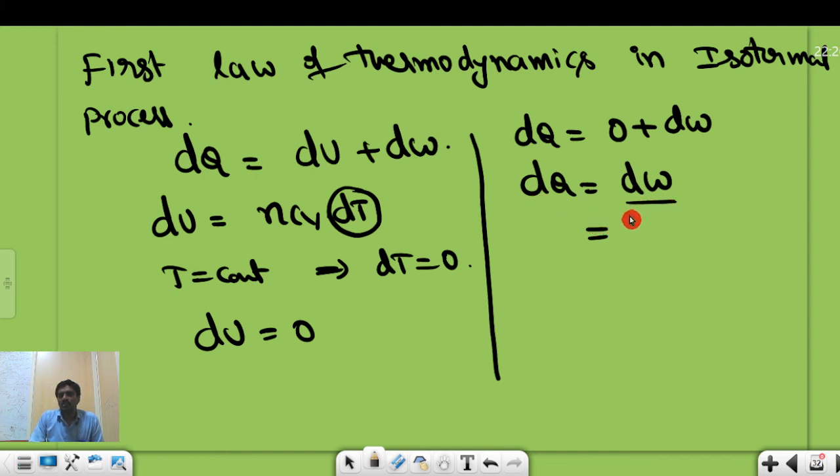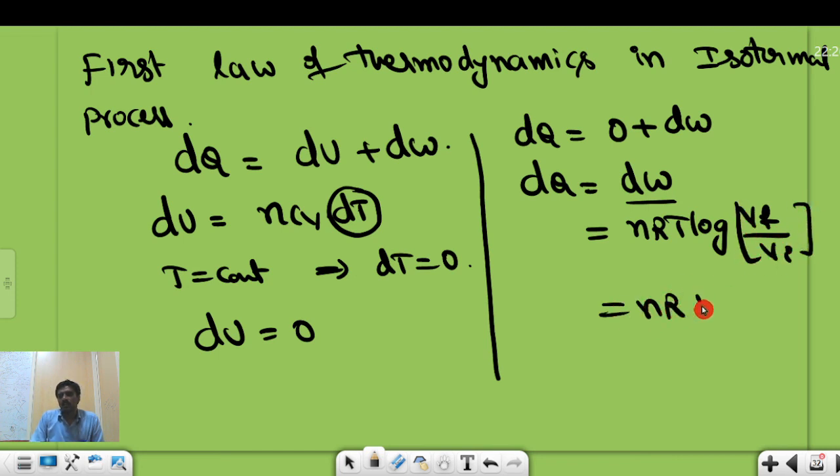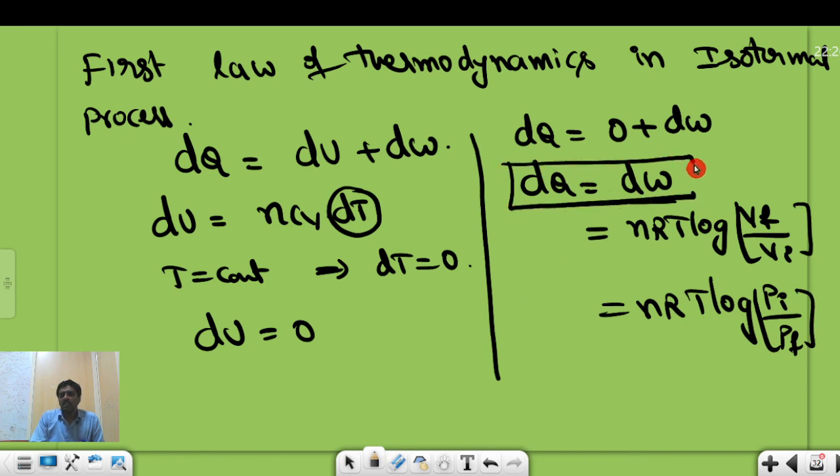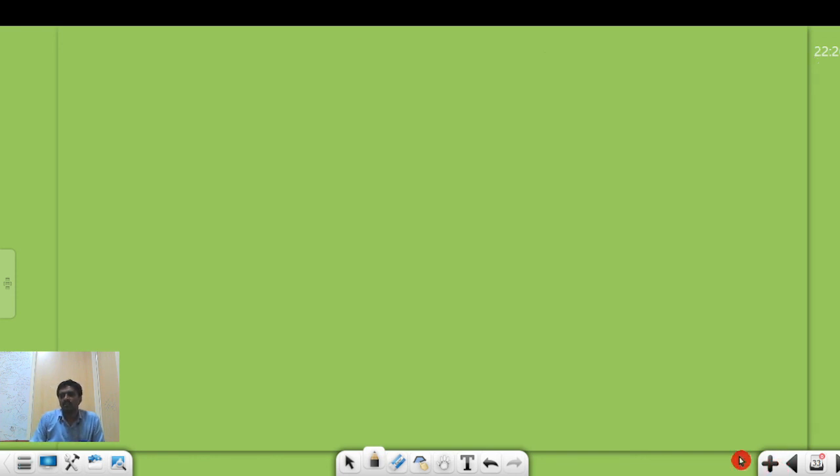We already know the work done in isothermal process is equal to nRT into log of V final divided by V initial, which is equal to nRT into log of P initial divided by P final. Now with the help of this equation we are going to conclude some things. One more time, dq is equal to dw.